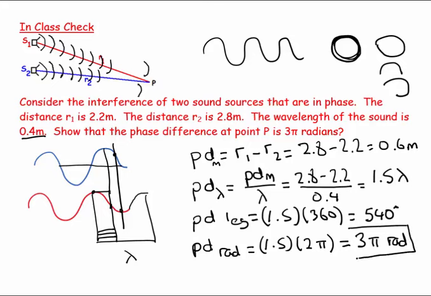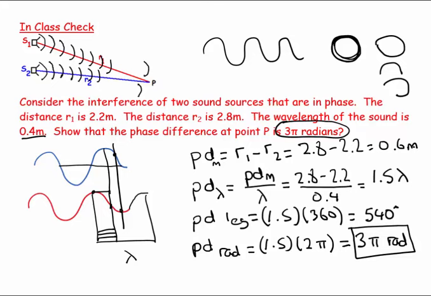And that is in fact what I was asked to show. So I recognize that there is no phase difference at the source, so I don't need to worry about that. We'll talk about that later. I'm only interested in a path difference effect in this situation.